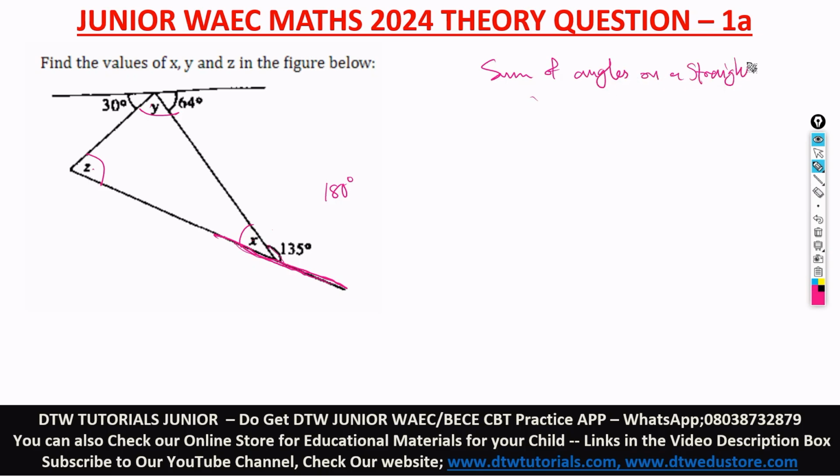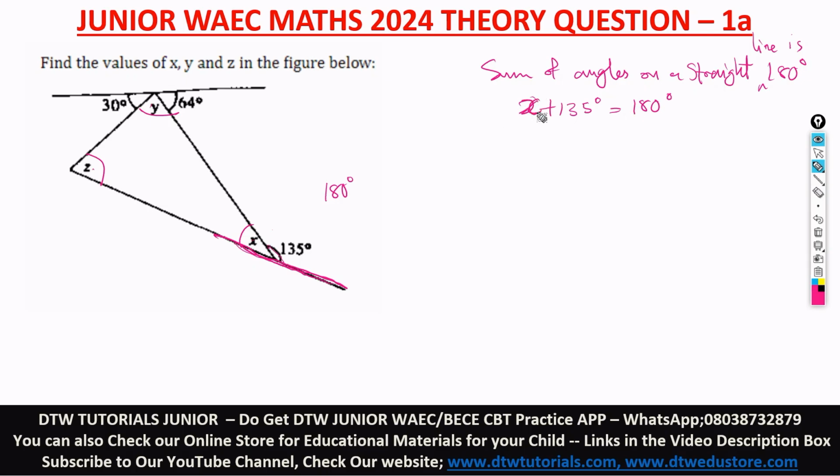This is very important because this is theory. Every step carries a mark, so please do make sure you state it. You now state x plus 135 degrees is equal to 180 degrees.